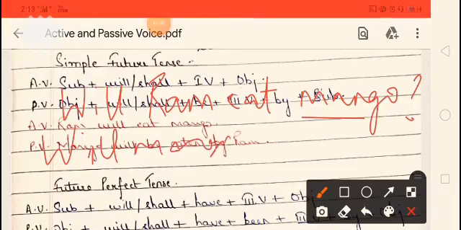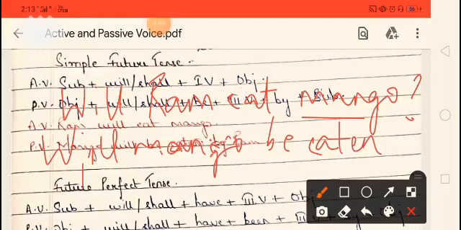Then I told you to use the word be here. So, will mango be, then the third form of the verb, eaten, then by, then your subject, that is Ram. Will mango be eaten by Ram?